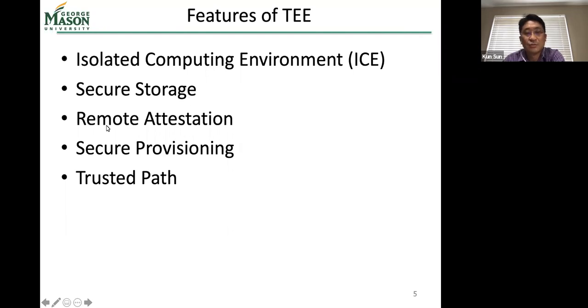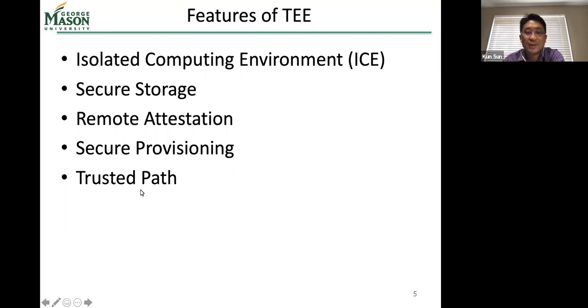Then there is remote attestation: if we install a client application on a smartphone, when we connect to the server, we need to verify that the current client version can be trusted and has not been modified. And secure provisioning means we can establish a secure communication with the remote application.